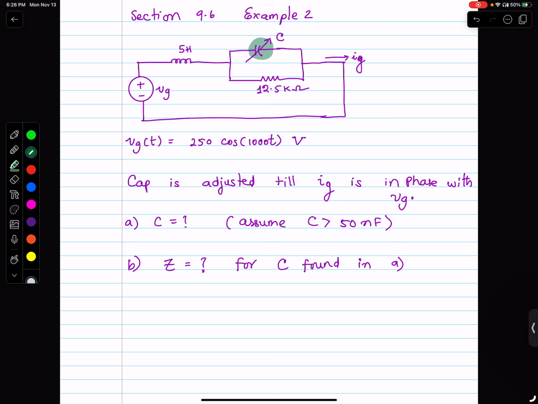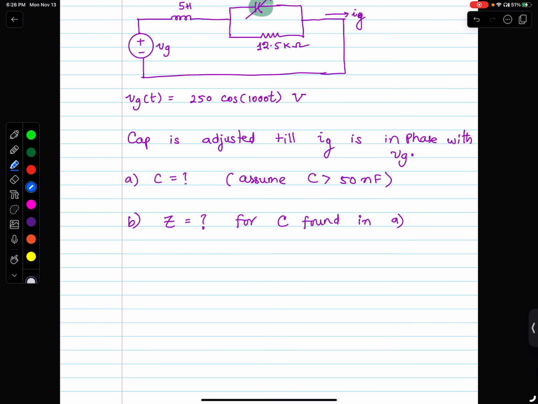That's something we have to understand what it means. Okay, cap is adjusted until the current is in phase with the voltage. Okay, what it simply means is that the circuit appears purely resistive. Okay, so let's begin there.